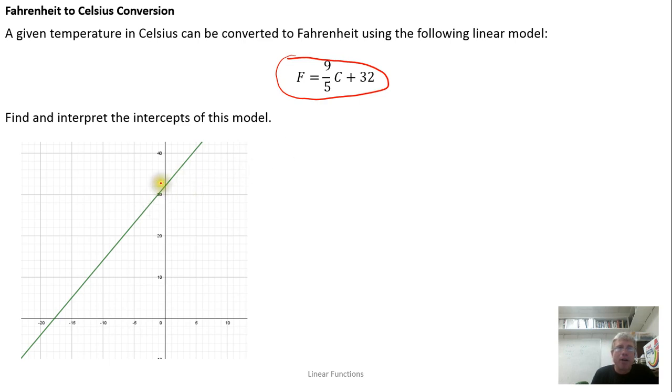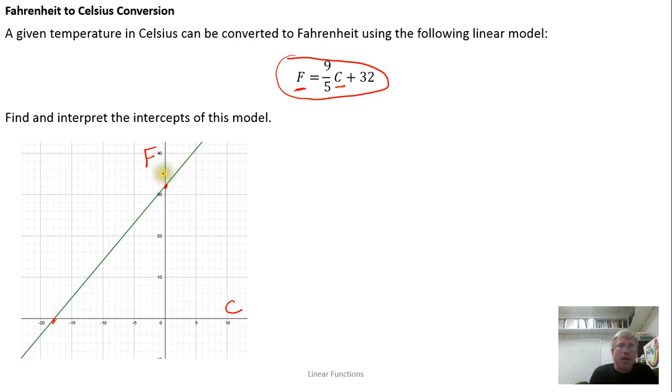This is a graph of the model right here, and we want to recognize that the output variable F is going to be plotted on the vertical axis, and the input variable C is going to be plotted on the horizontal axis, and the intercepts are going to be where we cross the vertical or Fahrenheit axis and where we cross the horizontal or Celsius axis.